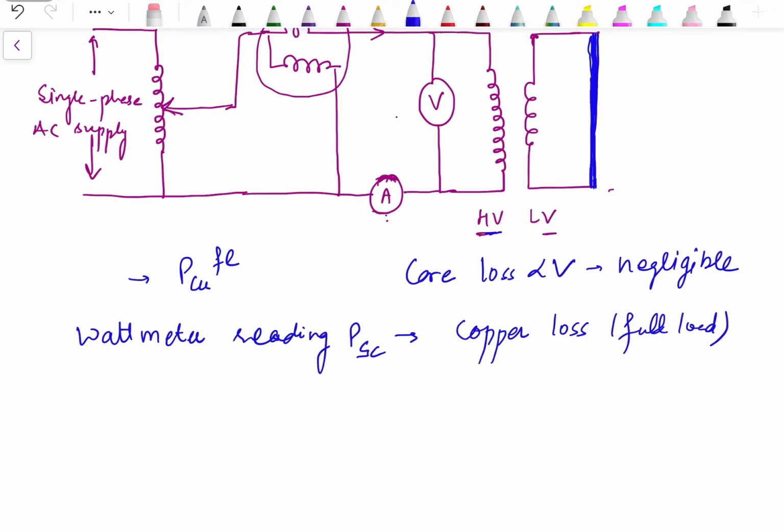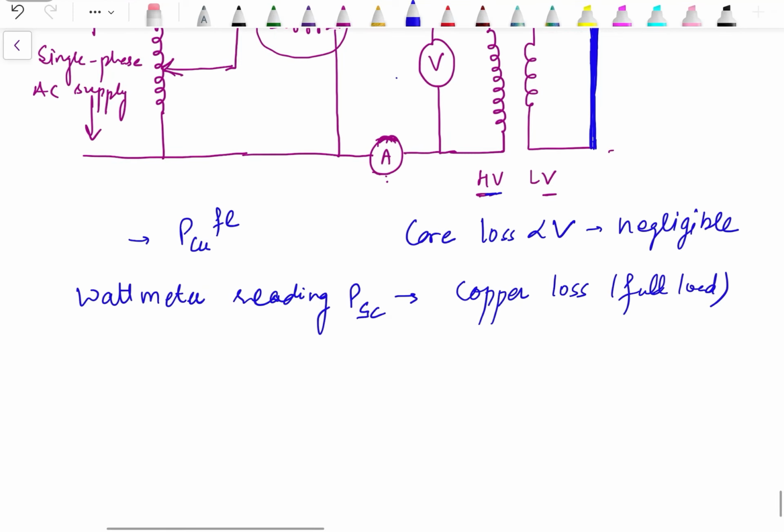So we have three different readings: power, current and voltage. PSC, ISC, VSC, wattmeter reading, ammeter reading, and voltmeter reading.